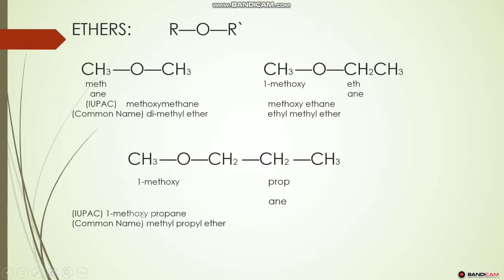So its IUPAC name is 1-methoxypropane, or methoxypropane. For its common name, we again name all the substituents. We have meth, then change the oxy to yl. Then on the right side, we have prop, then change the ane to yl, then write the word ether. It becomes methyl propyl ether, written in alphabetical order.